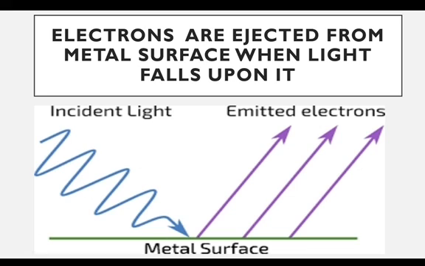In the earlier class, we learned that light is built up of wave packets or energy packets. These are discrete quanta of energy called photons, and each photon carries energy equal to h nu, where nu is the frequency of the emitted photons.